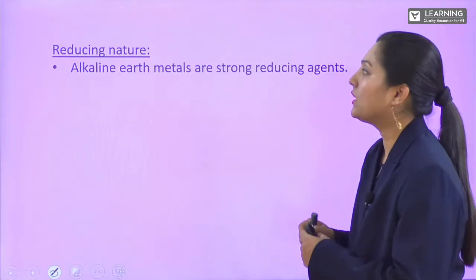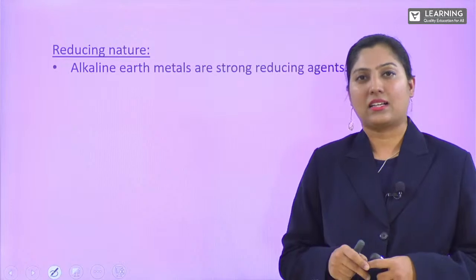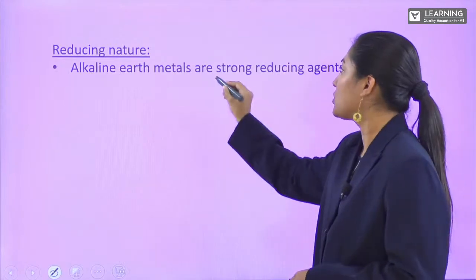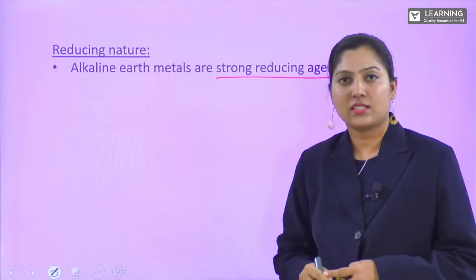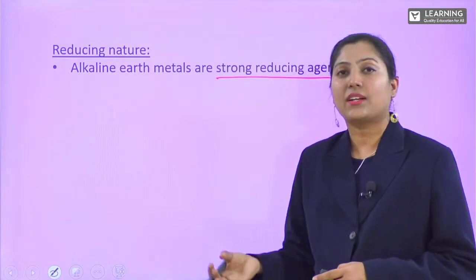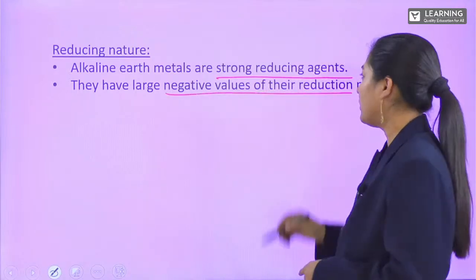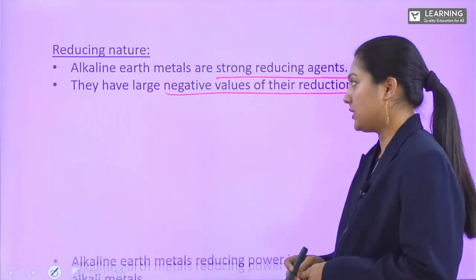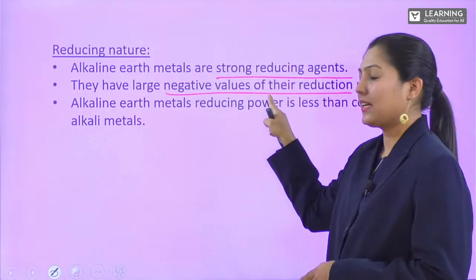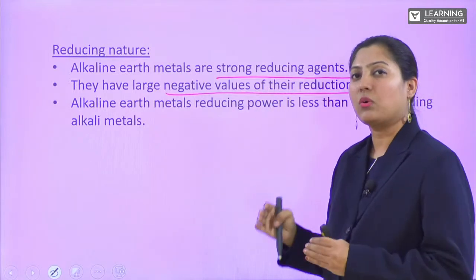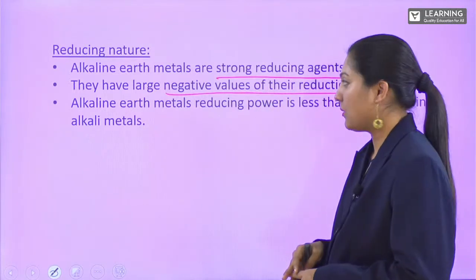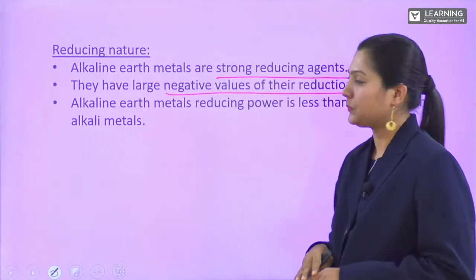So what about the reducing nature of these alkaline earth metals? They are strong reducing agents, as they can lose electrons easily, and they have high negative values of reduction potentials. If they have high negative values, that means a large amount of energy is released, so that they become stable.